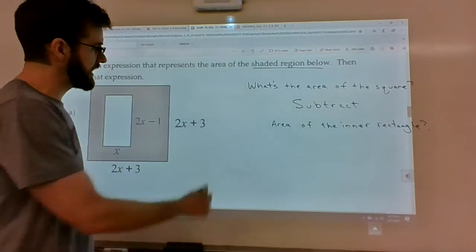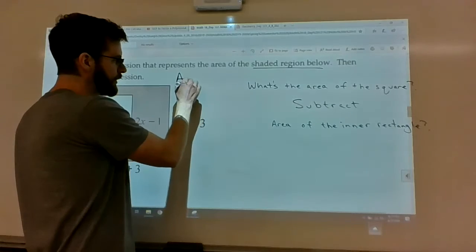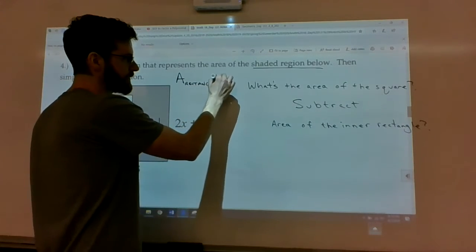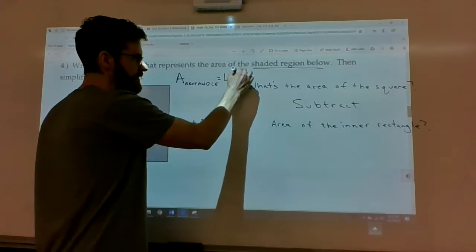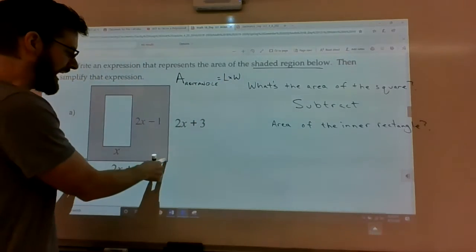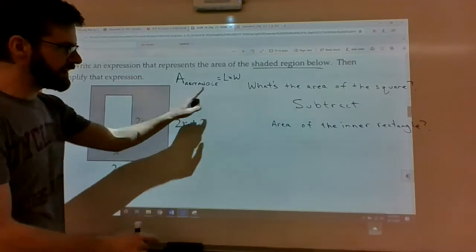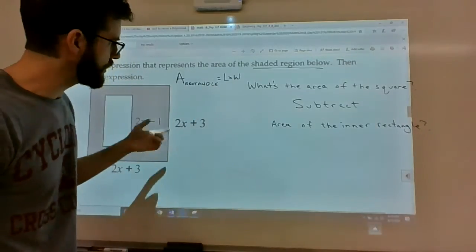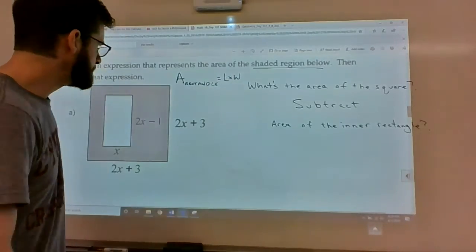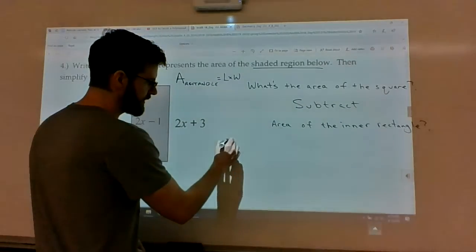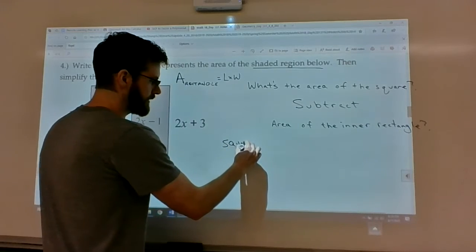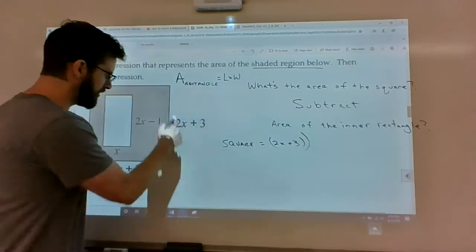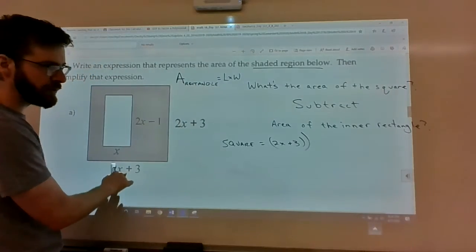So you can technically just say area of any rectangle is length times width, L times W. I can pretty much interchange these two because the commutative property works with multiplication, yeah? So it doesn't matter what order I put these in. So the square is going to just be 2x plus 3. We'll just call this length, and then this width is 2x plus 3.